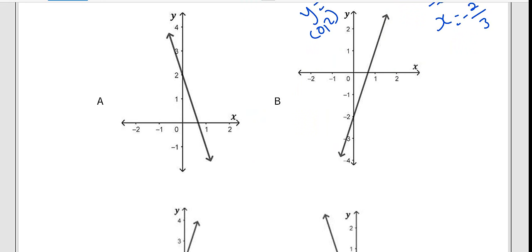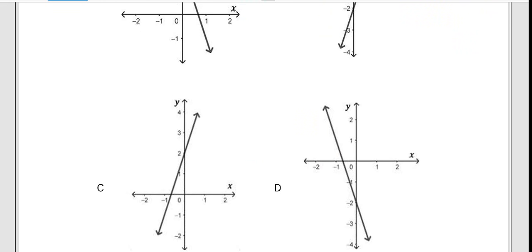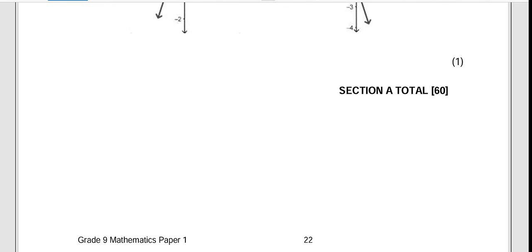And then what's the correct graph? It is C. Because minus 2 over 3 is minus 0.66666, which is somewhere here. My x-intercept is here and my y-intercept is there. That's the reason why the answer is C.